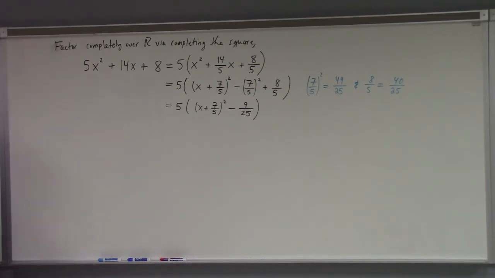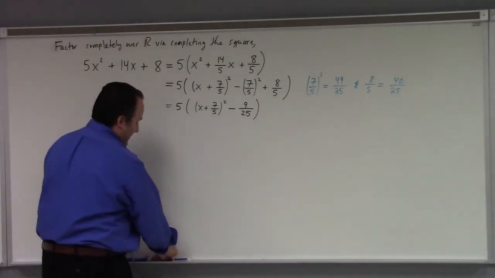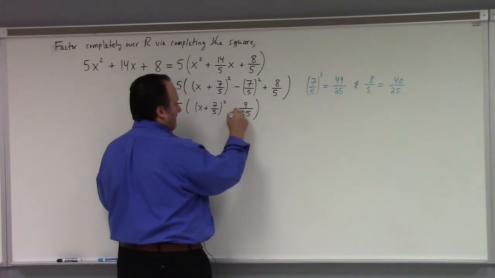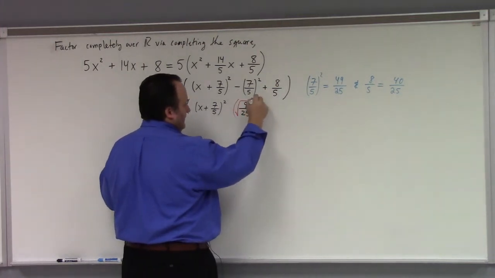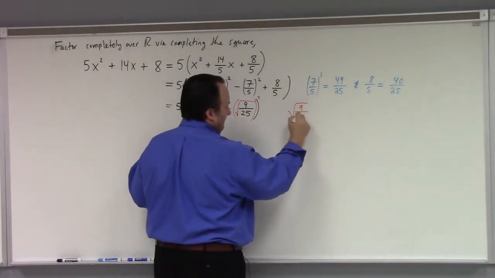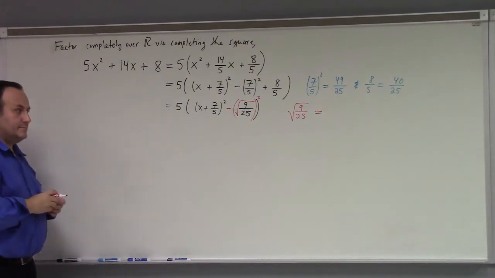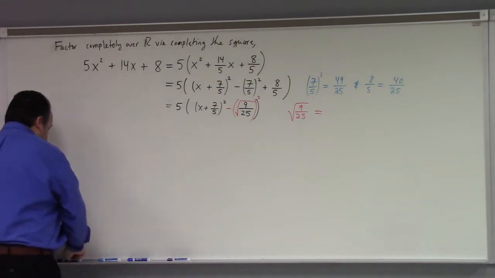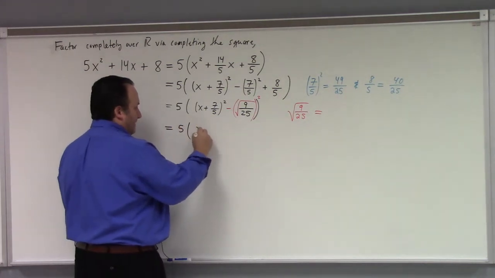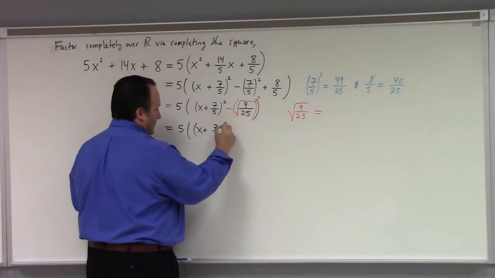Now, you can rewrite 9 over 25 as the square root of 9 over 25, squared, right? Now, what is the square root of 9 over 25? So what is that?